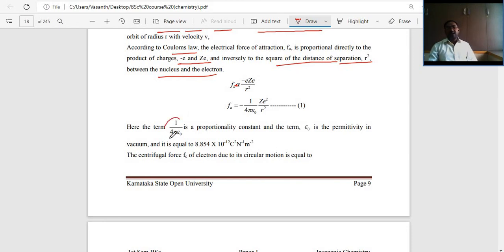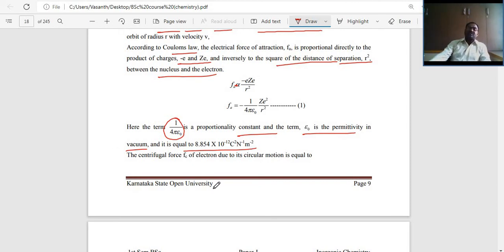The term 1 by 4 pi epsilon naught is the proportionality constant, and epsilon naught is the permittivity of vacuum, equal to 8.854 into 10 to the power of minus 12 Coulomb square per Newton per meter square.